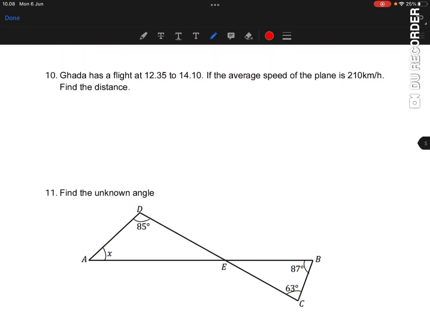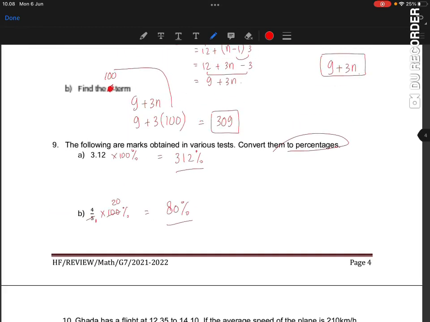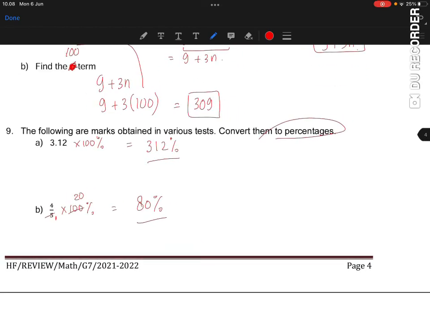Oh yeah, miss, how about if we have a mixed number? For example, 1 and 3 over 4. Just leave it in the improper fractions. After that, you multiply it with 100%. Or if you want to do like 1, it's a 100%, plus that with 3 over 4, multiply it with 100%. So it's 75%.